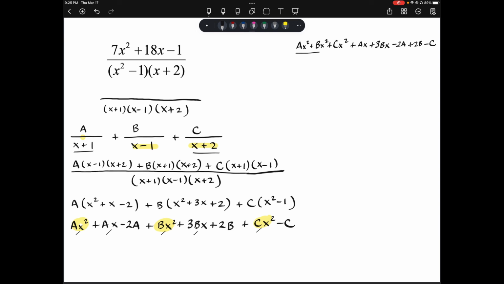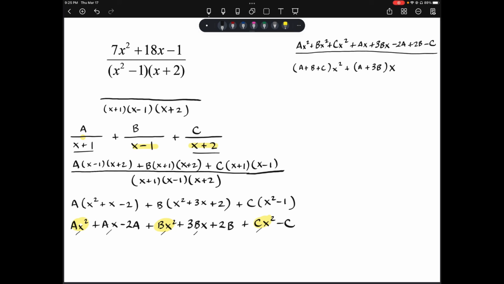Okay, so nice and long there, but right, we're going to break this down and factor it into smaller pieces. So if I factor out x squared, I have a plus b plus c times x squared. And then I've got plus, if I factor out my x here, I'm going to have a plus 3b times x.